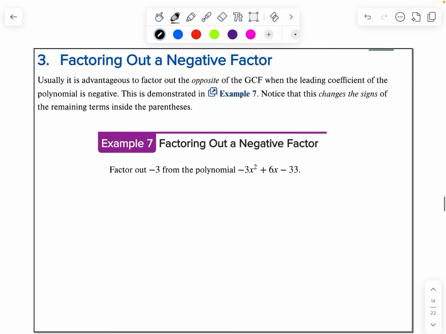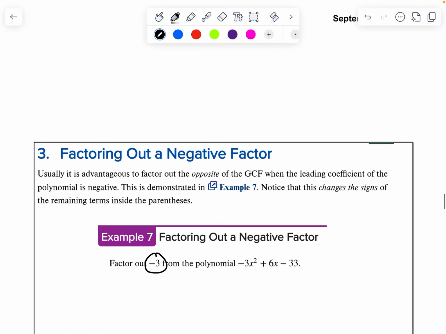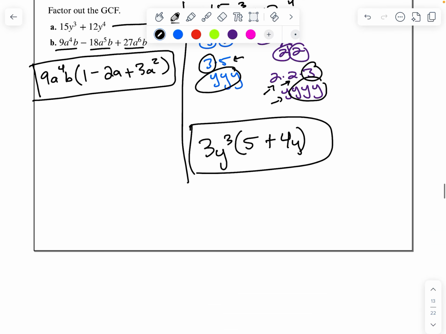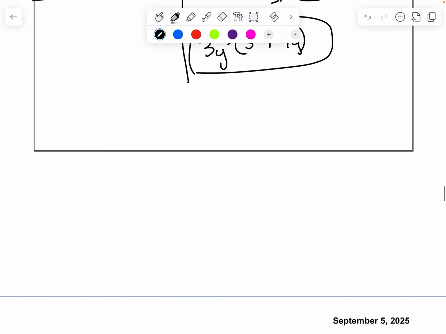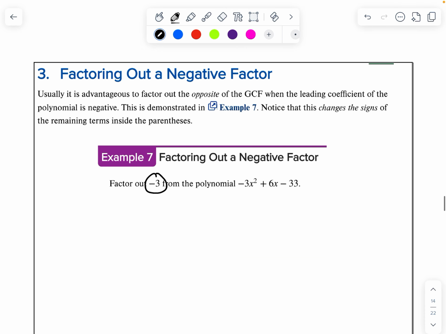You can factor out a negative factor. On all these, remember I was saying that since we were taking out a positive factor, our signs don't change. If we were to take out a negative factor instead, it actually changes the signs of everything. So dividing a negative out is going to change the sign. Negative 3x squared, dividing a negative 3 out, we'd be left with a regular x squared. And I know that because if I distributed back, I would get what I started with.